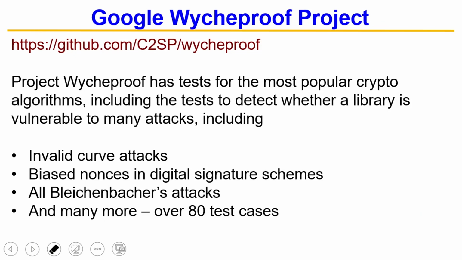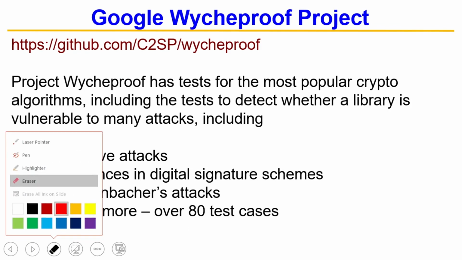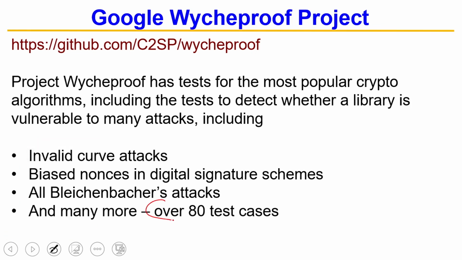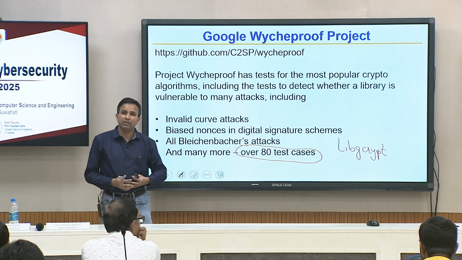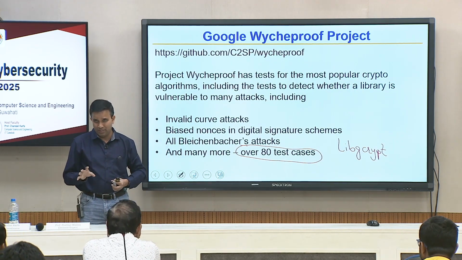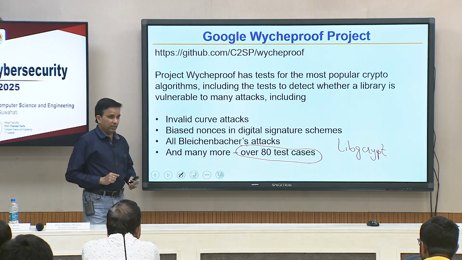If you go to this GitHub page, they maintain a set of tests, and last I counted it is around hundreds of tests. What those tests give you is this: if you have a software library, you might be downloading it from the libgcrypt library GitHub page, or you design it on your own or whatever you do, as long as it is a software library, those tests will work.